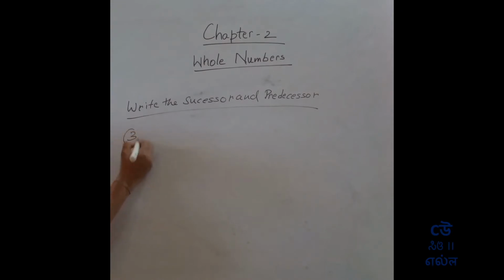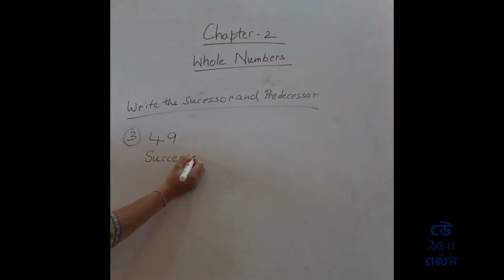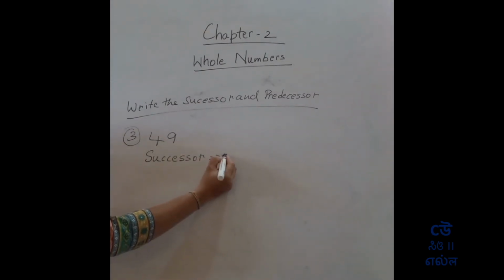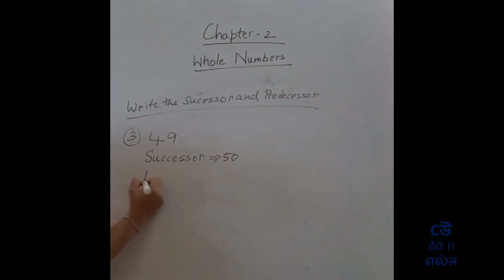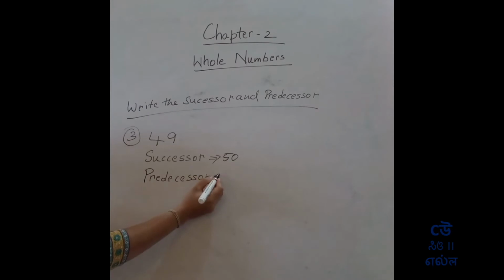So third one, 49. So successor of 49 is, the next number is what, children? 50. Next, predecessor of 49 is 49 minus 1: 9 minus 1 is 8, 4 as it is.